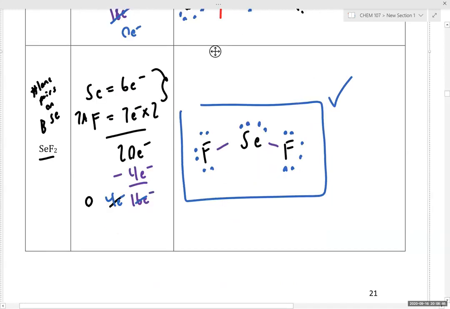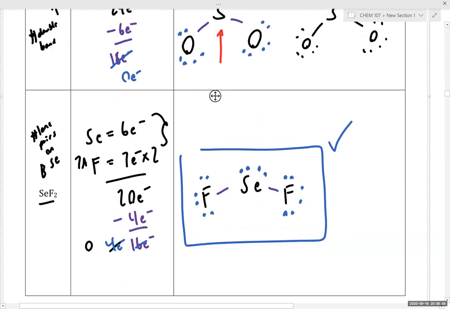Professor, sorry, I'm a little lost on the F. I had 4 electrons for fluorine. For the valence or the Lewis structure? The Lewis structure. So looking at our total, the reason why we have 6 lone pair electrons is we have 2 electrons from our bond, and then we have 6 electrons from our lone pairs.